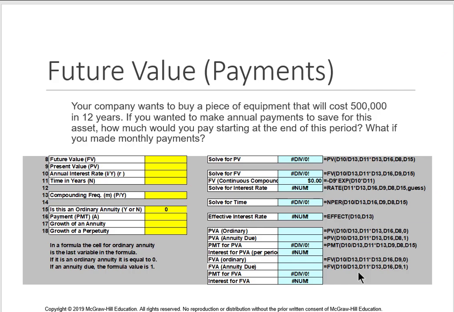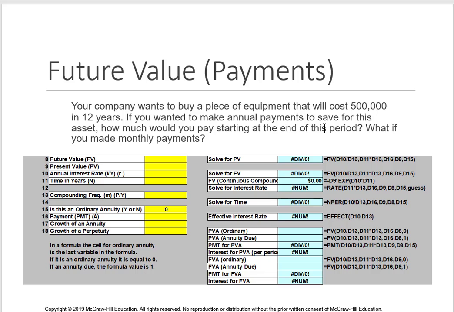What about future value and payments? Your company wants to buy a piece of equipment that'll cost $500,000 in 12 years. If you want to make annual payments to save for this, how much would you pay starting at the end of this period?